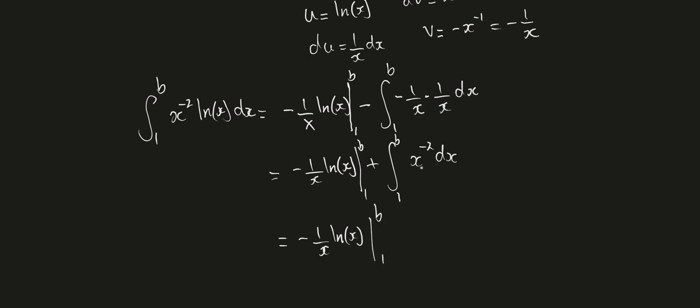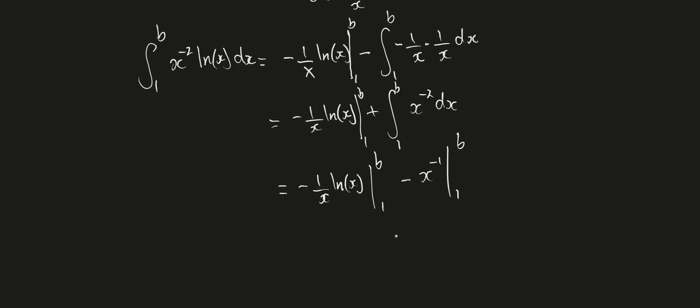Integrating this gives me the same negative x to the negative 1 from 1 to b. Because the upper and lower limits here are the same, I can group these together and do one evaluation. So I have negative 1 over x times the natural log of x minus 1 over x evaluated at 1 and at b.